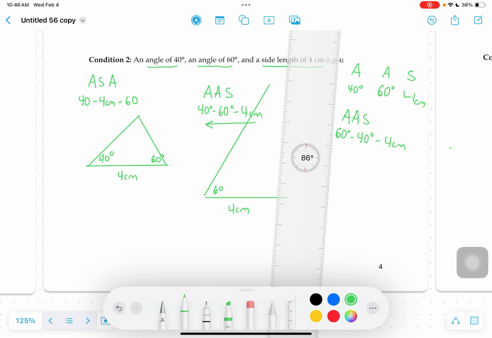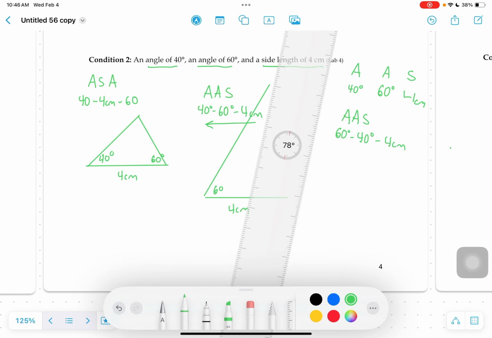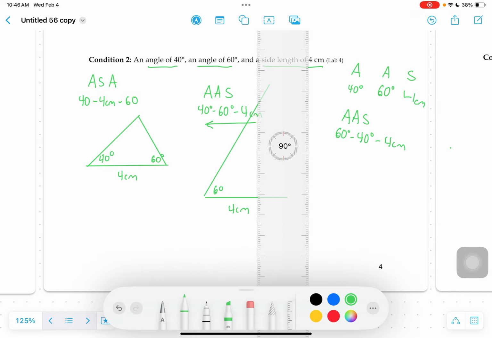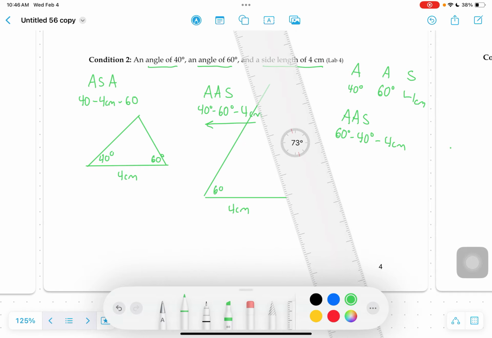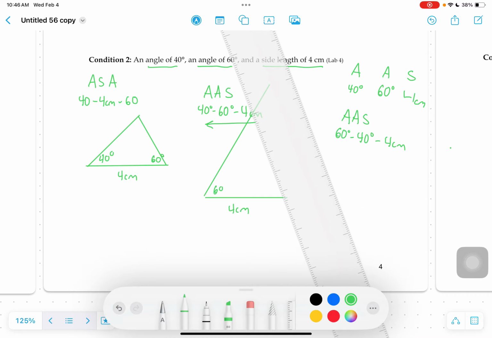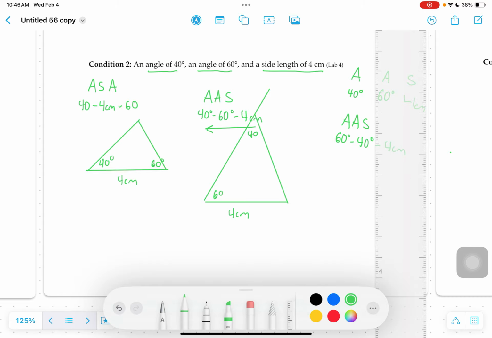So let's see, we're going to do 10, 20, 30, and 40 right here. So that is 40 degrees. We'll find where it connects up. There we go. Overlapped a little bit there, but we got it.